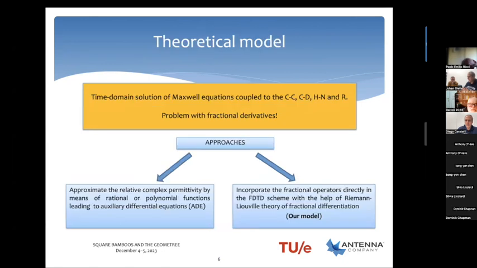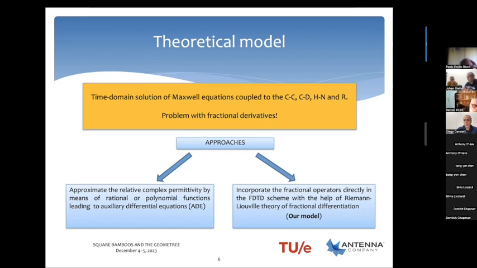This is an important observation because the time domain solution of Maxwell equations coupled to the models we saw on the previous slide can pose significant challenges.